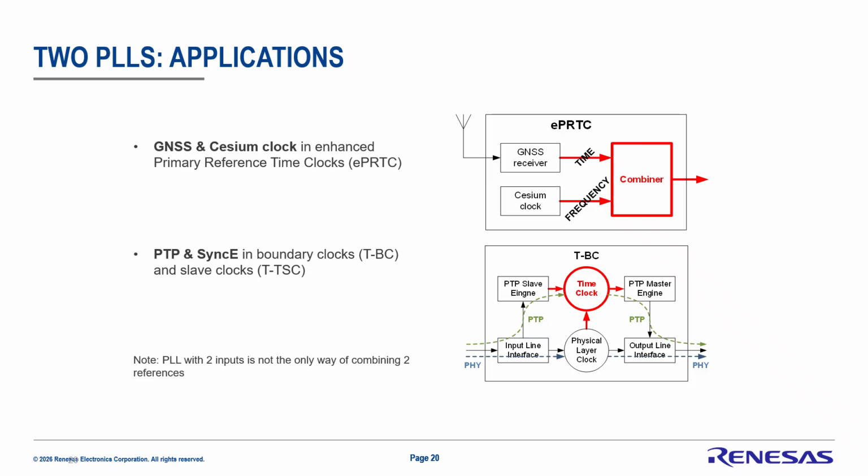But we're even seeing this in network synchronization. In telecom boundary clocks, the use of physical layer assistance is used to stabilize the packet clock and also use it for holdover characteristics on the loss of the packet clock.